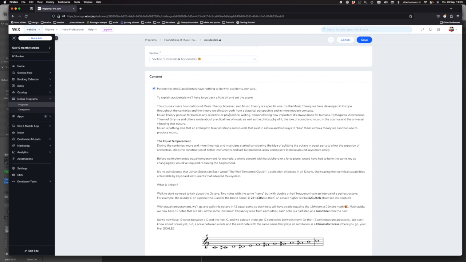So I can go up from C to the C higher, or I can go below. These are all C's. C, C, C, C.